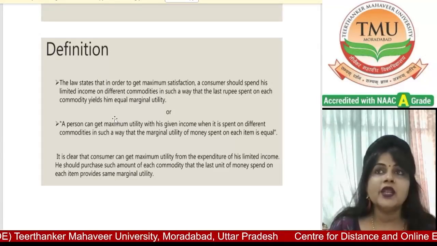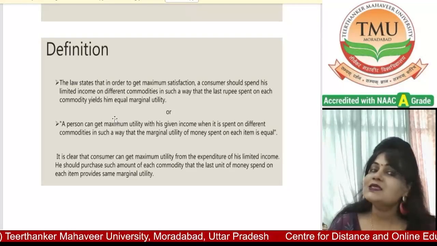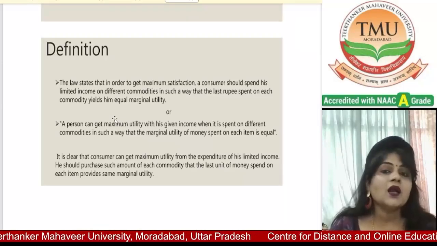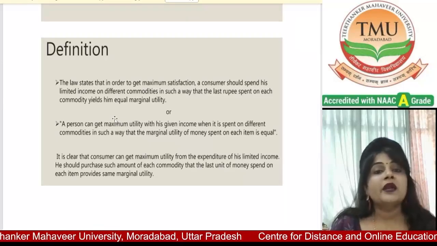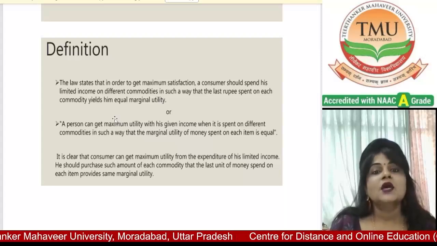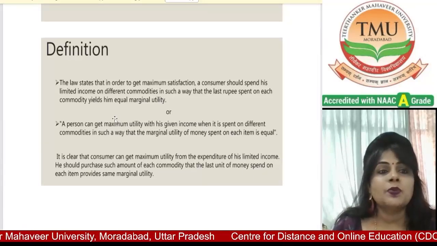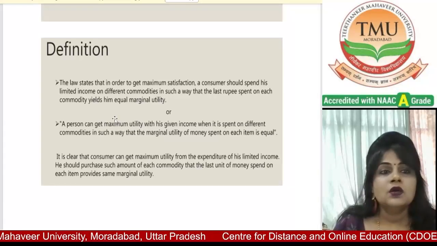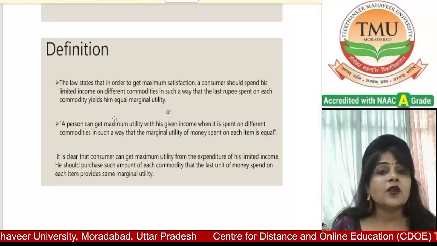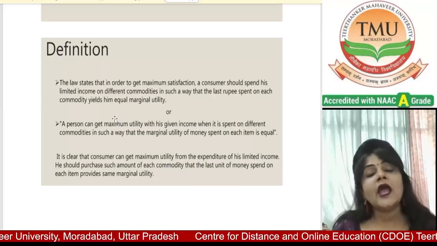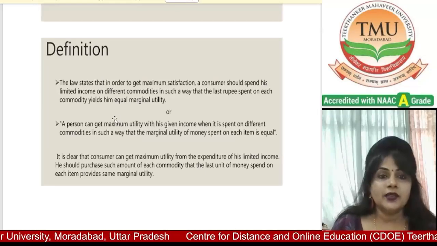I have also explained before that a consumer has a limited income but unlimited desires, and he wants that the last rupee spent on each commodity gives him equal marginal utility and maximum utility.